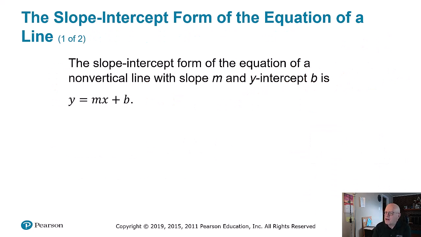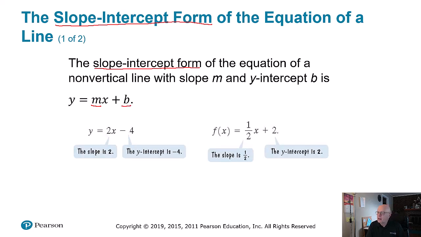Now, very important. One of those formulas you really want to remember. This is the slope-intercept form. Why is it called that? Because right in front of you, you'll have the slope and you'll have the y-intercept. In this particular one, all you have to do is look in front of the x. There's the slope and the y-intercept.